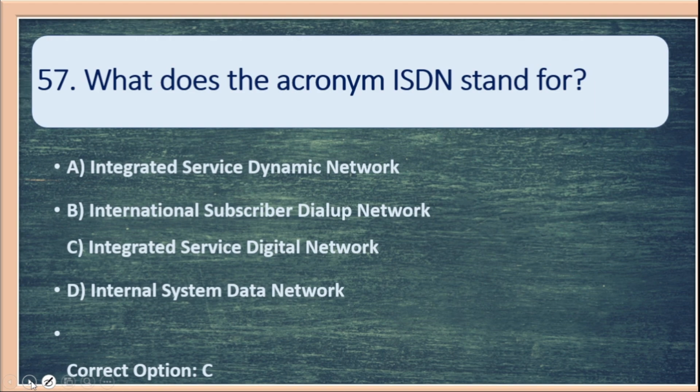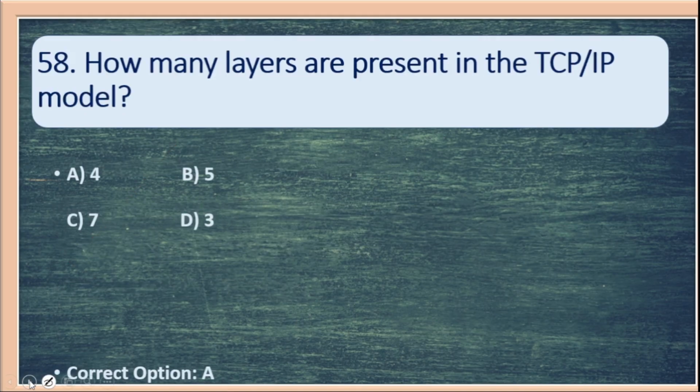Integrated Service Dynamic Network, International Subscriber Dial-up Network, Integrated Service Digital Network, Internal System Data Network. Answer is C. How many layers are present in the TCP/IP model? 4, 5, 7, 3. Answer is A, 4.